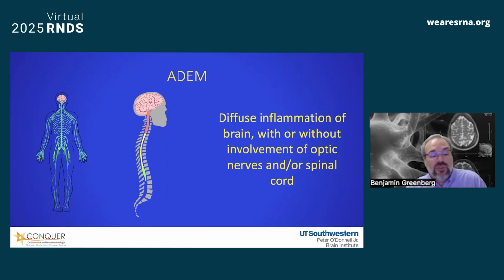So an individual with just diffuse inflammation of the brain can be diagnosed with ADEM. A person who has diffuse inflammation of the brain and the optic nerves can be diagnosed with ADEM. A person with diffuse inflammation of the brain and spinal cord can be diagnosed with ADEM, and a person with diffuse inflammation of all three can be diagnosed with ADEM. But an individual who only has inflammation in the optic nerve or spinal cord cannot be diagnosed with ADEM. The brain must be involved.